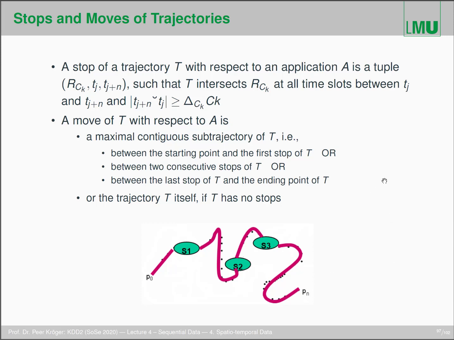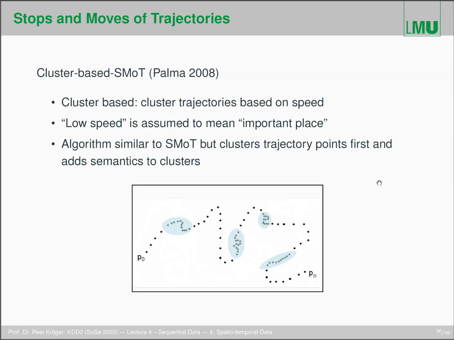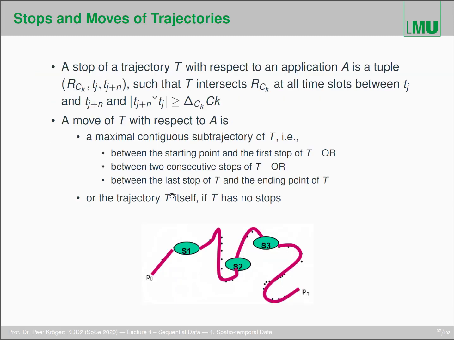So that is basically the definition, and given some thresholds, especially for the time interval, you can compute the stops easily from each trajectory, and then, if you have the stops, of course, you have the moves also. So this is just from the raw trajectories, so to say.